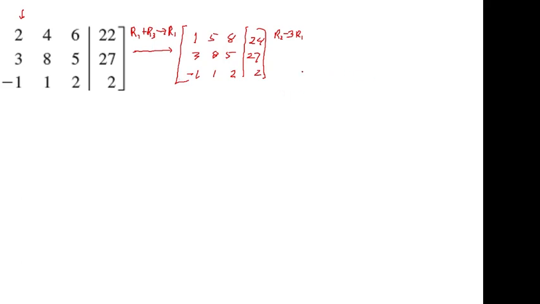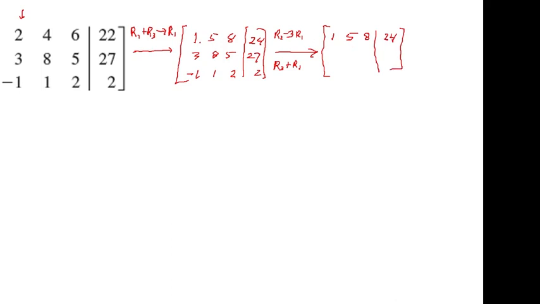And if I take row 3 plus row 1, and replace row 3 with it, 1 plus -1 is 0. So our next matrix is, the top row hasn't changed. We've used the top row, but we're not changing the top row. So that stays as is.